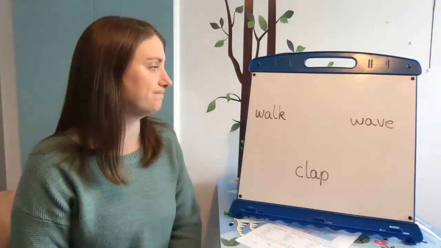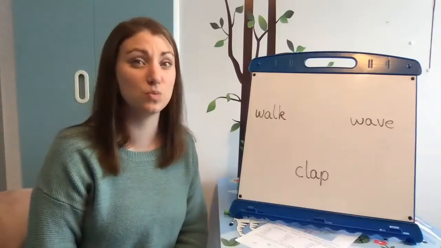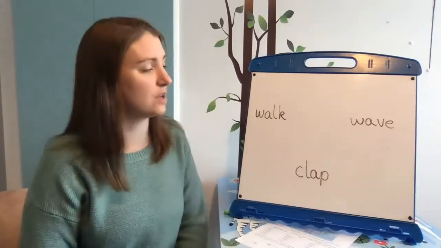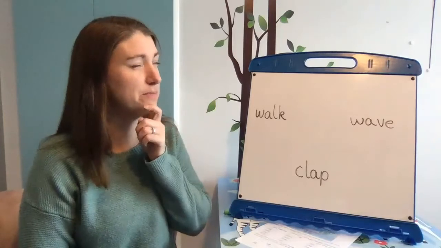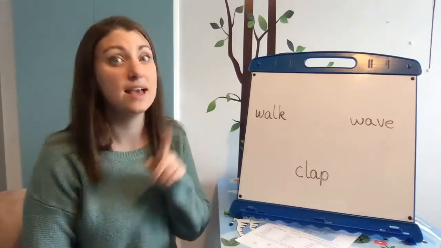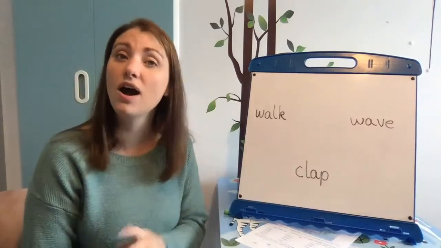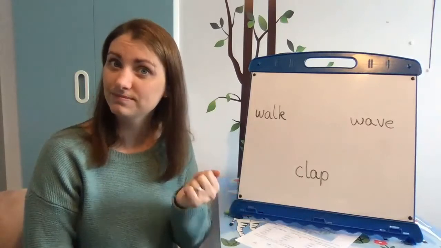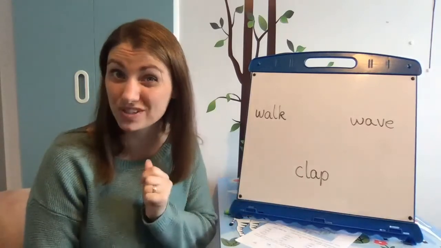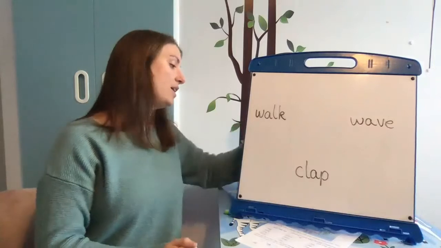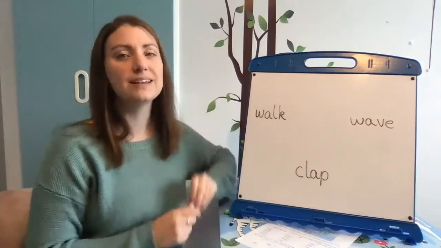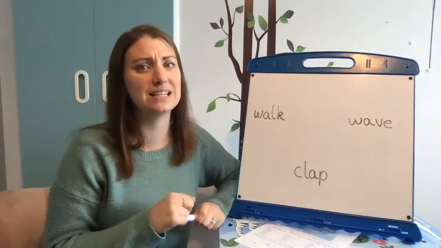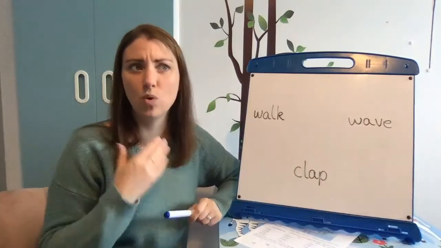So let's look at our first word, walk. What am I going to change walk to? So if it's going to happen in the past, I could say, yesterday, what did you say? Did you say walked? Yesterday I walked. Now it sounds a bit like I'm just adding a t to the end, doesn't it? Walked.